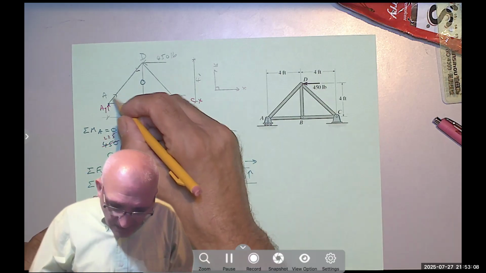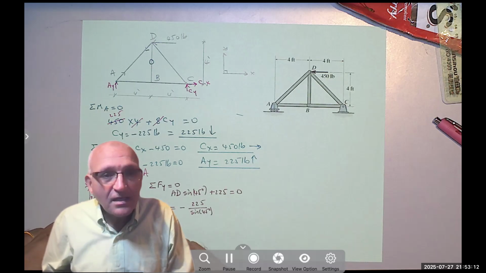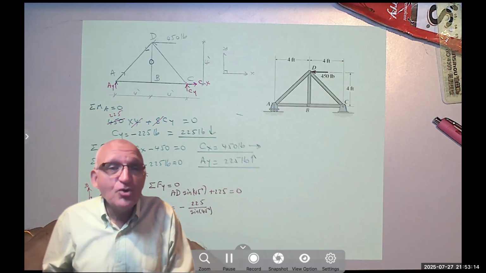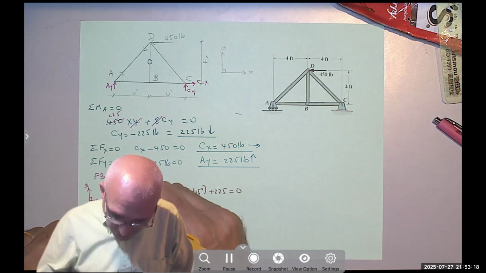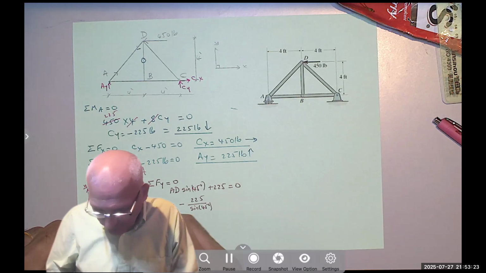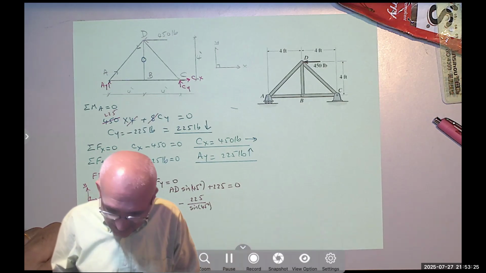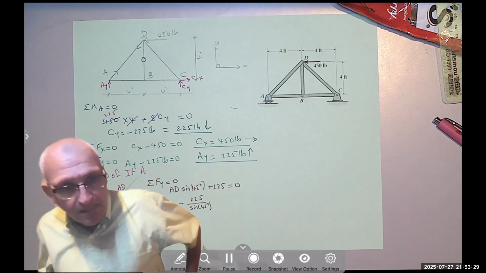Because this is what the member is doing to the joint. Notice I'm analyzing a joint, so I'm looking at all the forces acting on the joint. There is a force pulling it up in this direction. We assume there is a force pulling it to the right, and there is a reaction pushing it up.